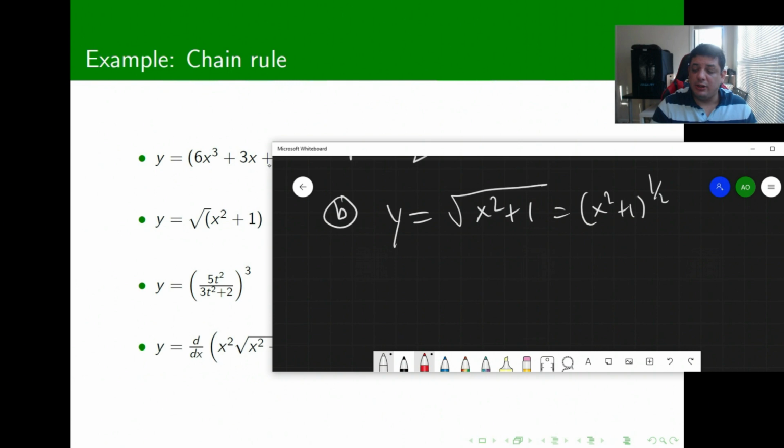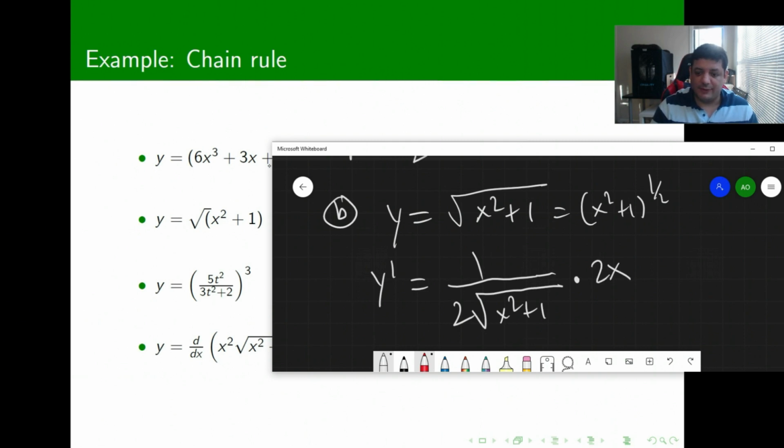But if you're getting used to using the derivative of the root, then you can go directly and work in that way. In this case, y prime is 1 over 2 and then the root, like any derivative of the root. But now we compose with x squared plus 1, which is the function inside. And then we multiply by the derivative of x squared plus 1, and that derivative is 2x. Okay? And so that is the solution for number 2.